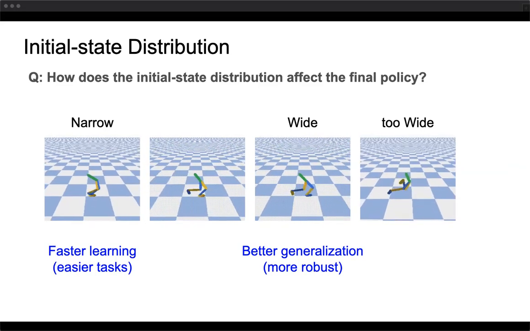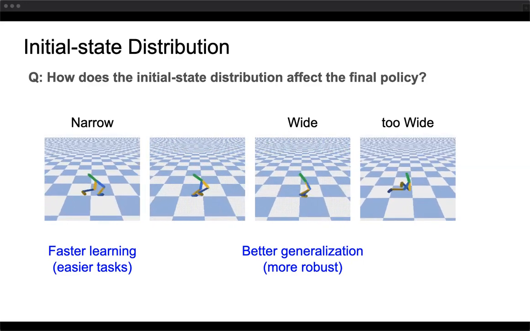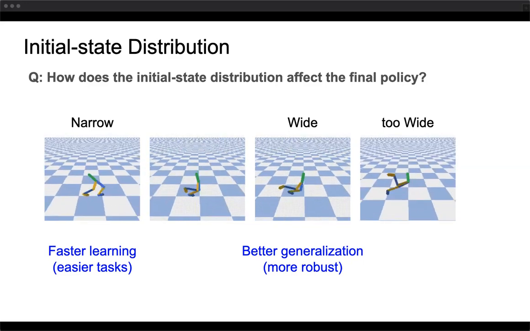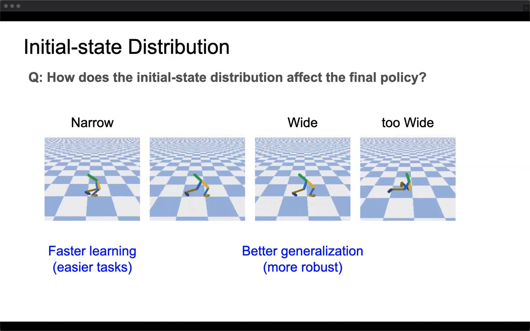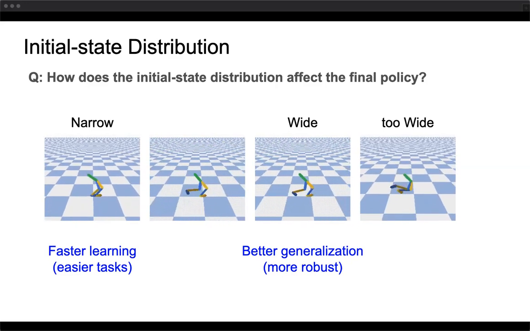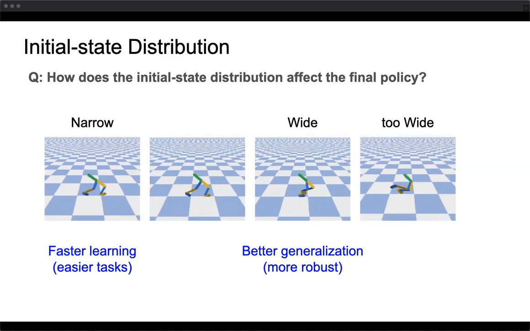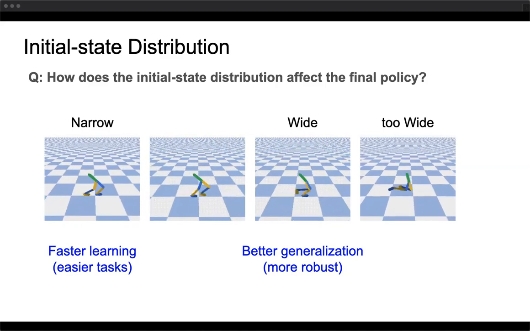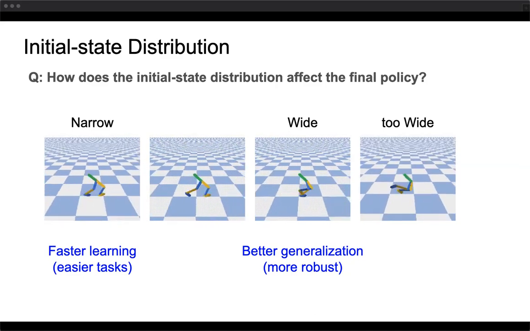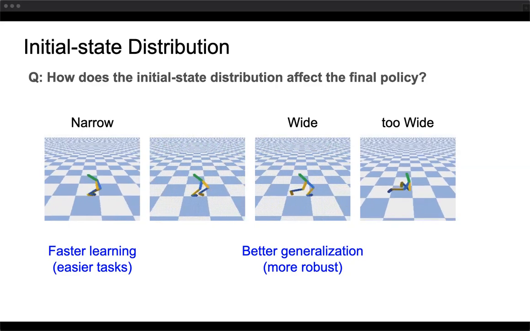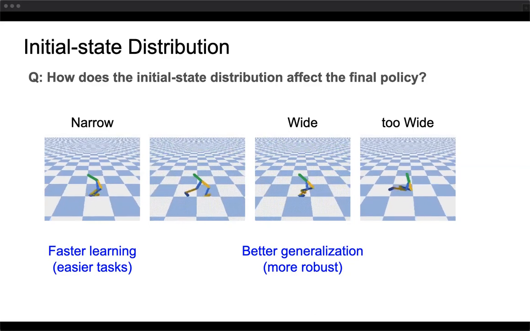If the initial state distribution is very narrow, we will have a much faster learning because the task will be easier, since the RL agent is always placed in a state that it has already seen, and so it already knows how to map to a good action. As we increase the initial state distribution, we'll have harder tasks and it will take longer to learn. But in the end, the final policy will be more robust and will have better generalization to a wider range of states.